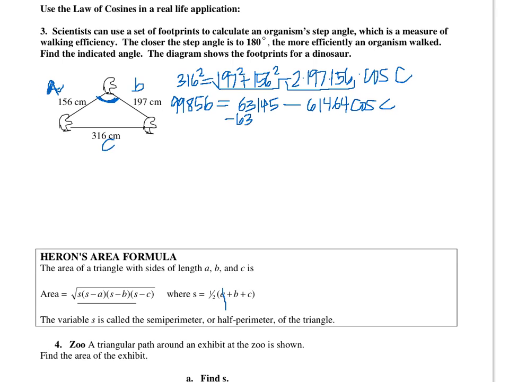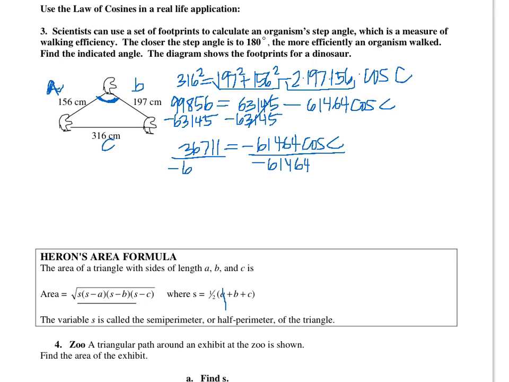Let's get rid of the 63,000. When I do that, I get 36,711 equals negative 61,464 cosine of C.